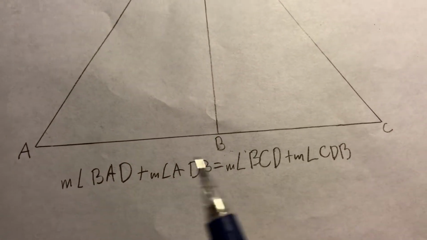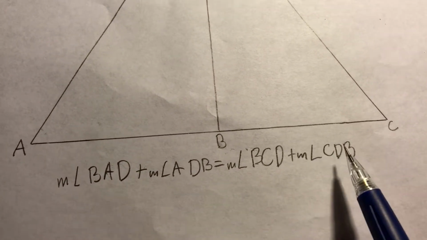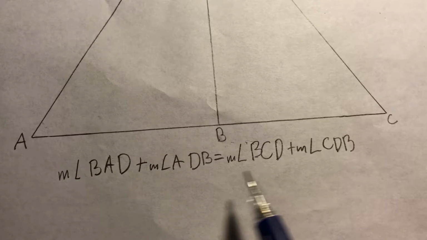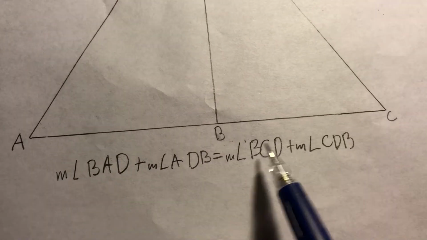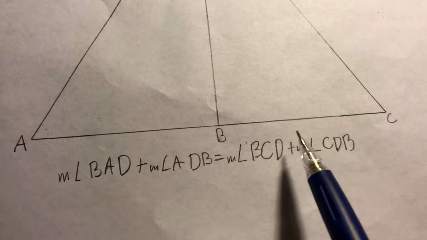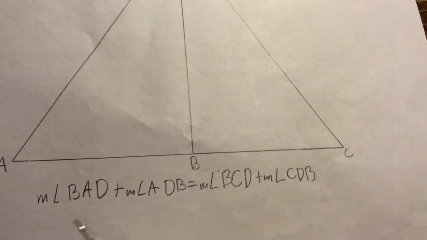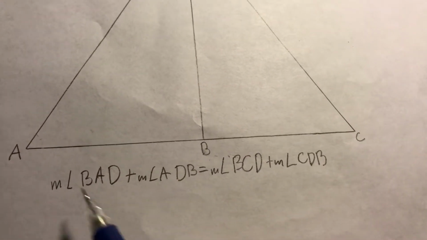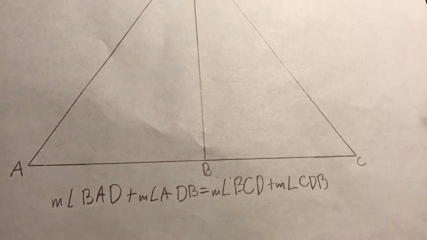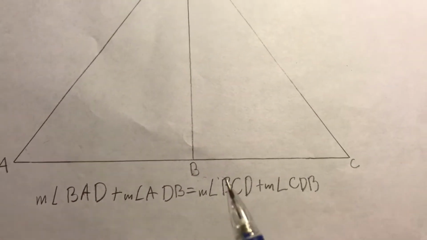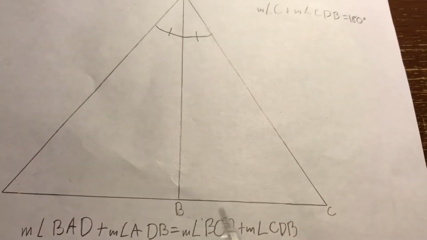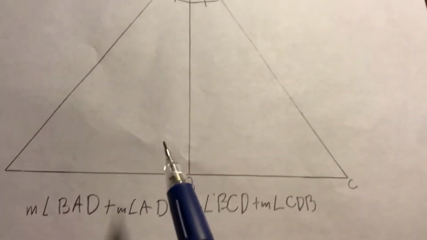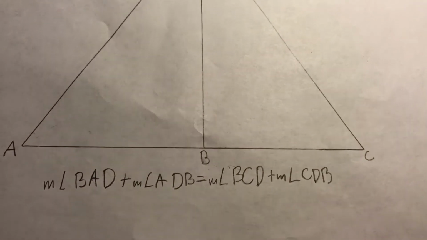So then we can also think of this almost as a linear equation, because they're equivalent, so we can almost solve as if we were solving for x, but instead we're solving for A and C. So one thing that we know, because ADB and CDB are congruent, is that they're equivalent to each other.